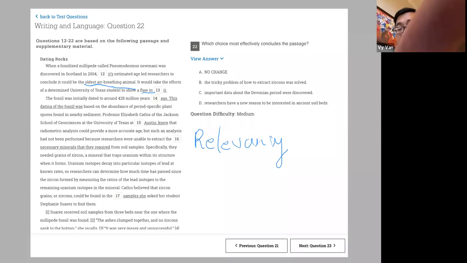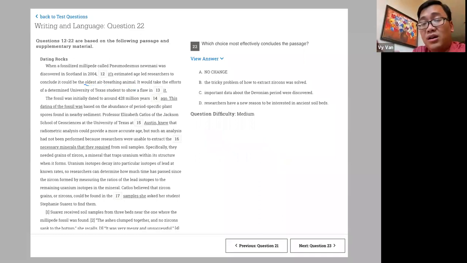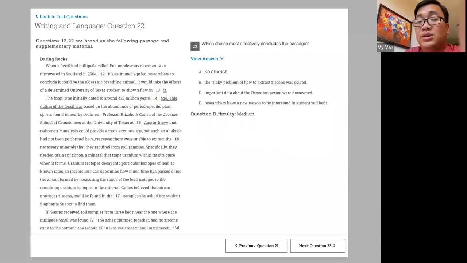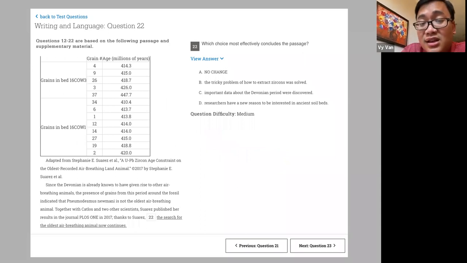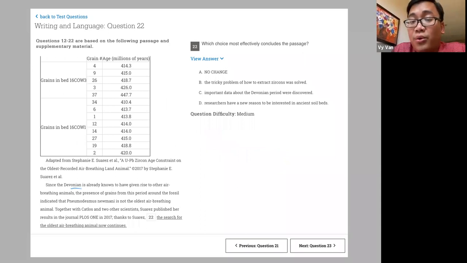So in the whole passage, they present to you the study of that student. So let's see the conclusion. Since the Devonian is already known to have given rise to other air-breathing animals, the presence of grains from this period around the fossil indicated that Pneumodesmus newmani is not the oldest air-breathing animal.